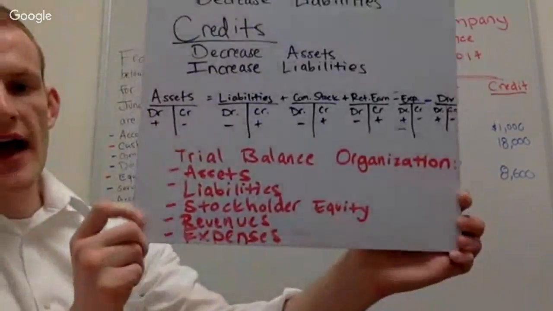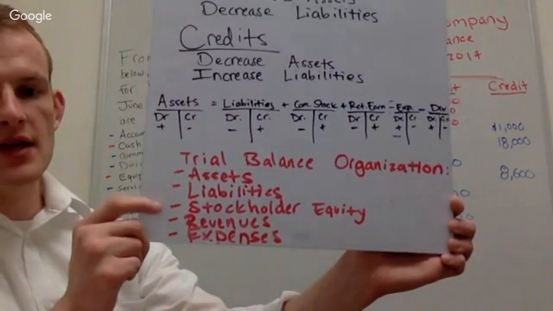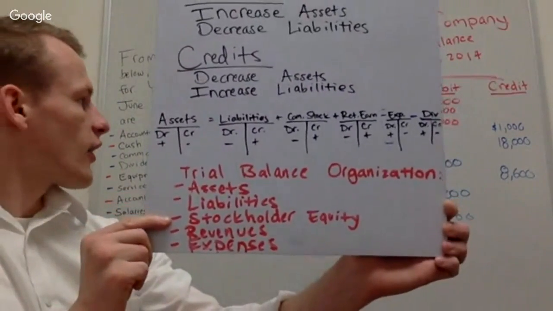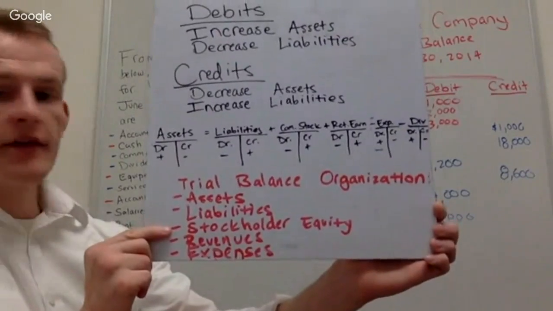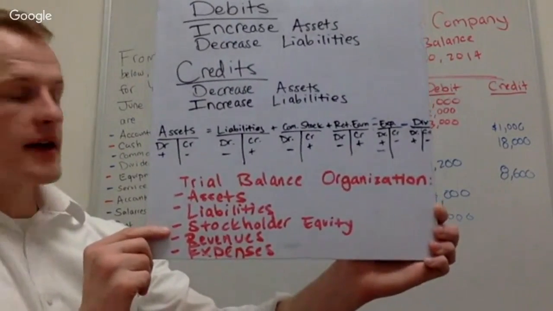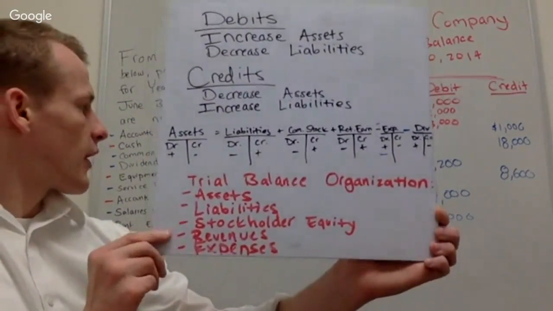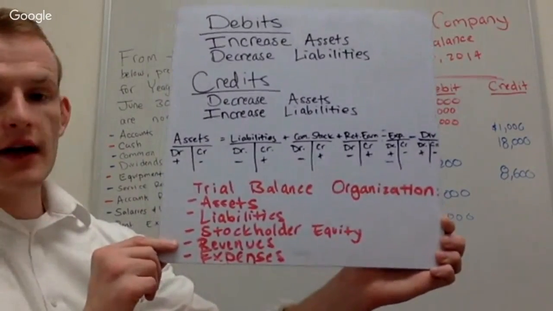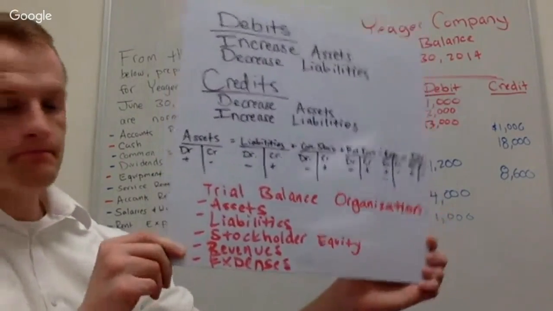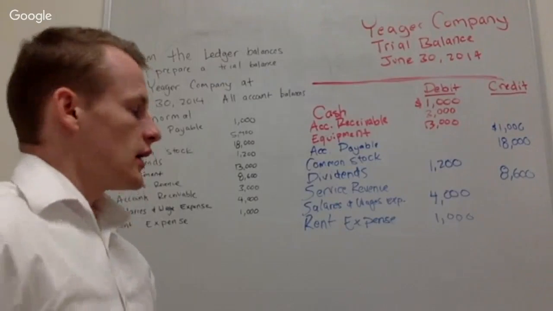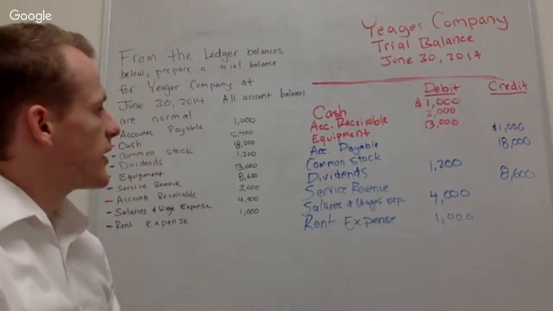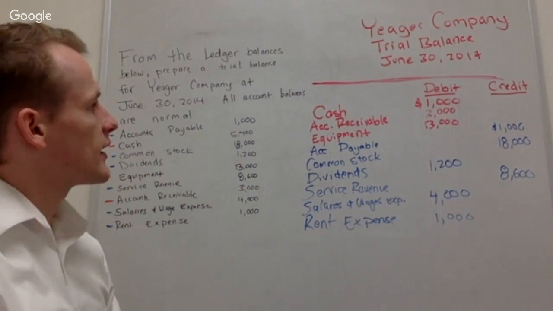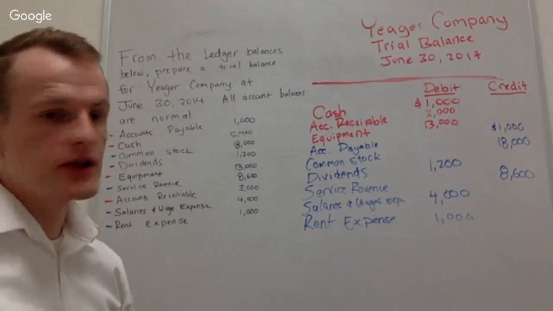So we started with assets, we moved on to liabilities, we then took on our stockholder equity with our common stock and dividends, and then service revenue. And then we also went into our expenses. And so it has been broken down basically in the order that it needs to be, with the credit and debit columns filled out as they should be.